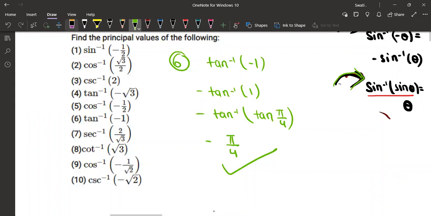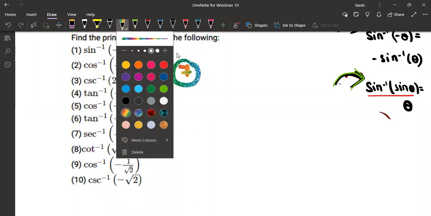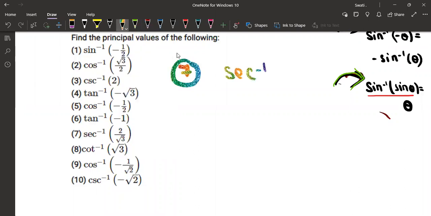And that's the answer. Okay, now let's move to the next question, and that is question number 7. In the 7th one, the question says sec inverse 2 by root 3. Very simple. Okay, let's write down the question first. Sec inverse 2 by root 3.